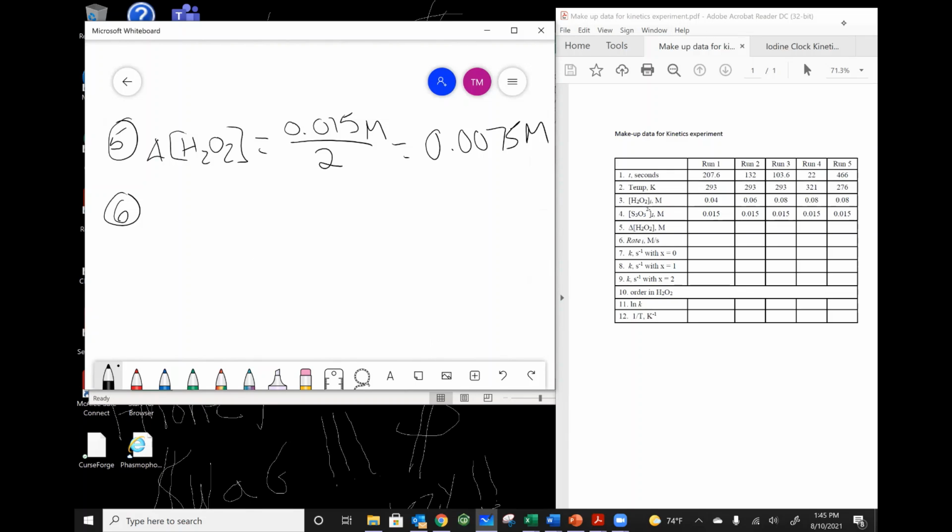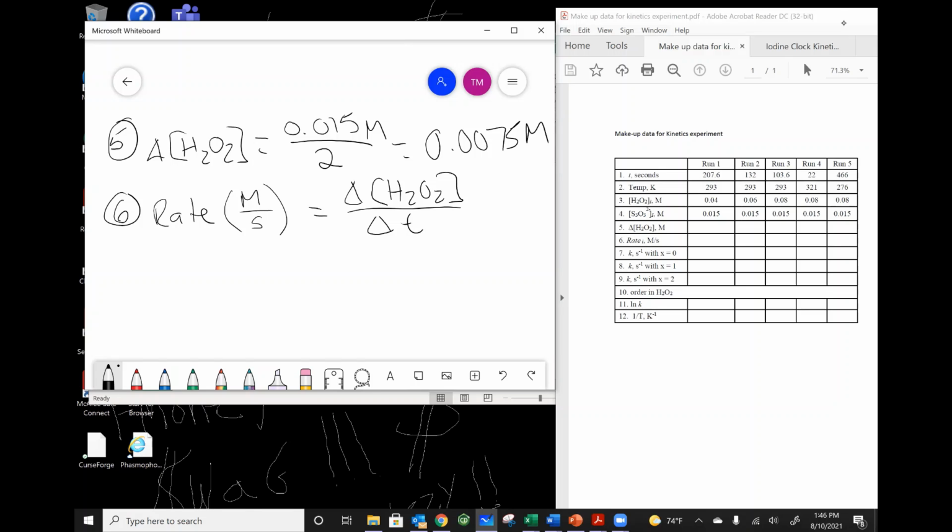So now let's take a look at row 6. Now it's asking for the rate. The rate has units of molar over seconds, so that must mean it's the change in concentration over the change in time.